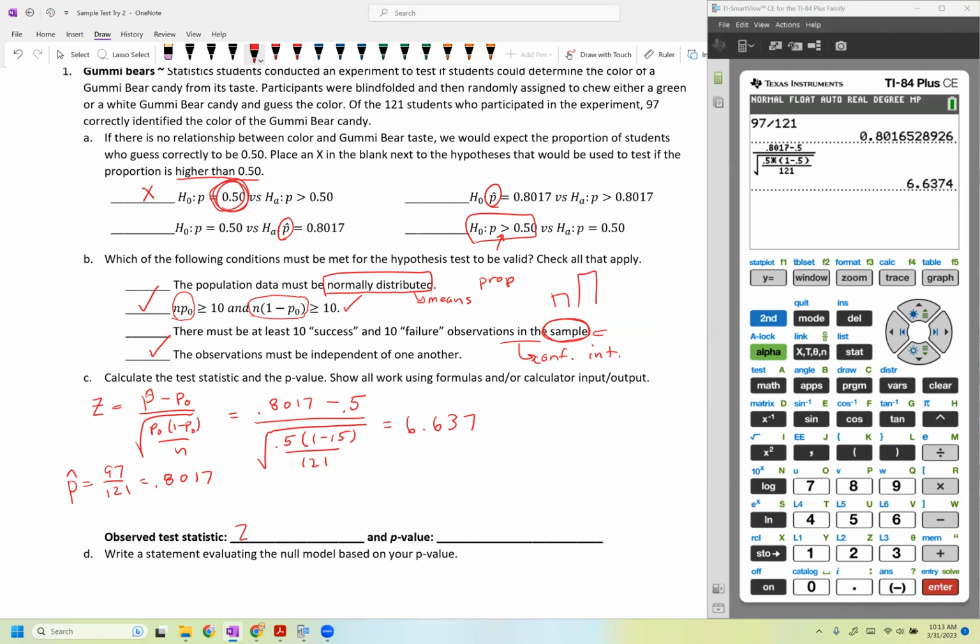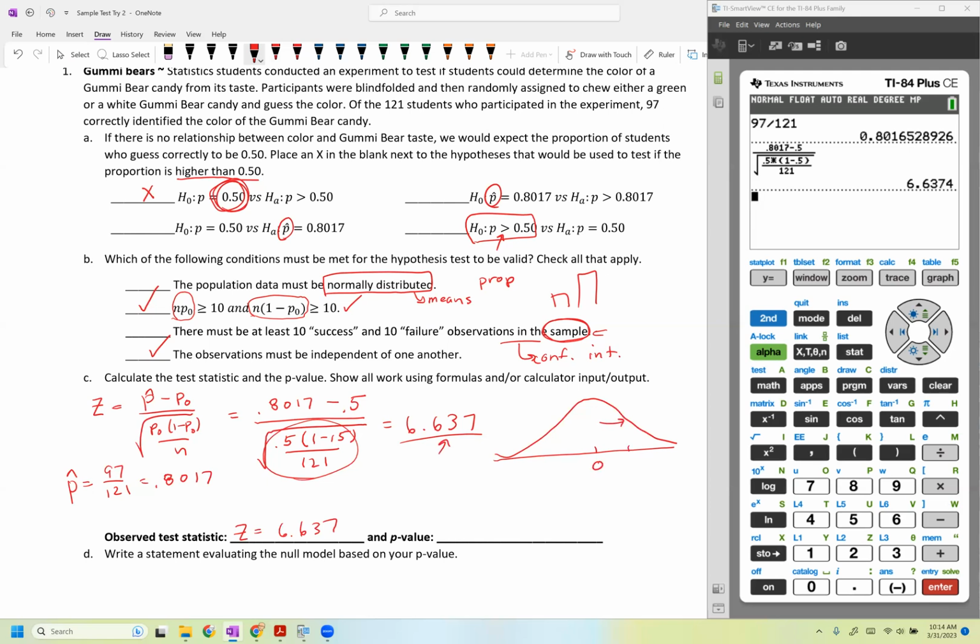So our observed test statistic is 6.637. Now, how does that relate to the p-value? Well, we imagine a distribution centered at 0. Sorry, this is a standard normal, a standardized example.